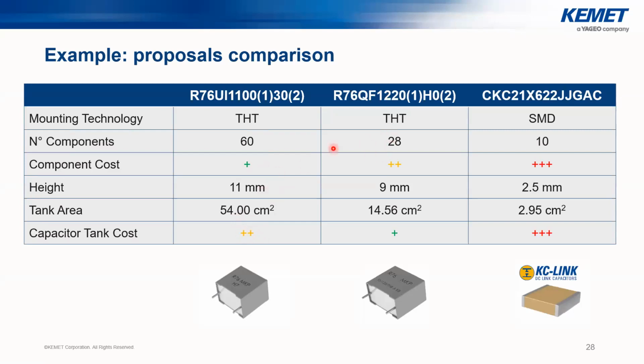If we compare this to the R76H, in this case we will have almost half of the components proposed with the R76. So even though one component is more expensive compared to the R76, at the end we will get a cheaper solution than the R76 because we will have fewer components used in the circuit.